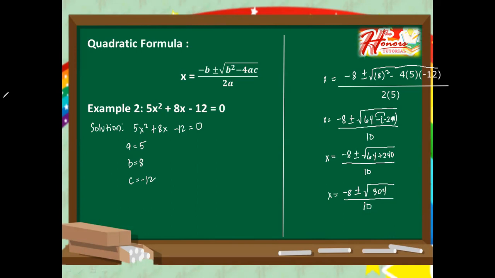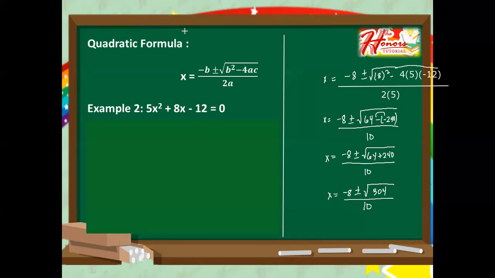Now let's use the left side of the equation for us to continue solving. Now, let's simplify first square root of 304.